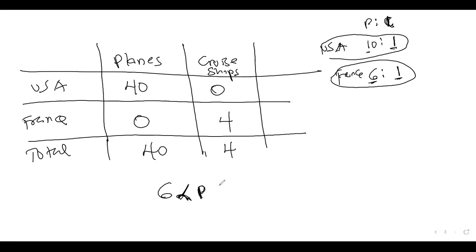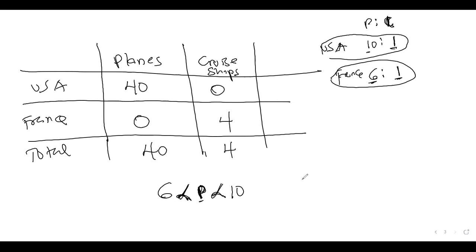So for US, the number of planes they'll be willing to exchange should be less than 10. In essence, the number of planes that the two of them will agree on should be more than 6 for France, but less than 10 for US. So the figure should be between 6 and 10.